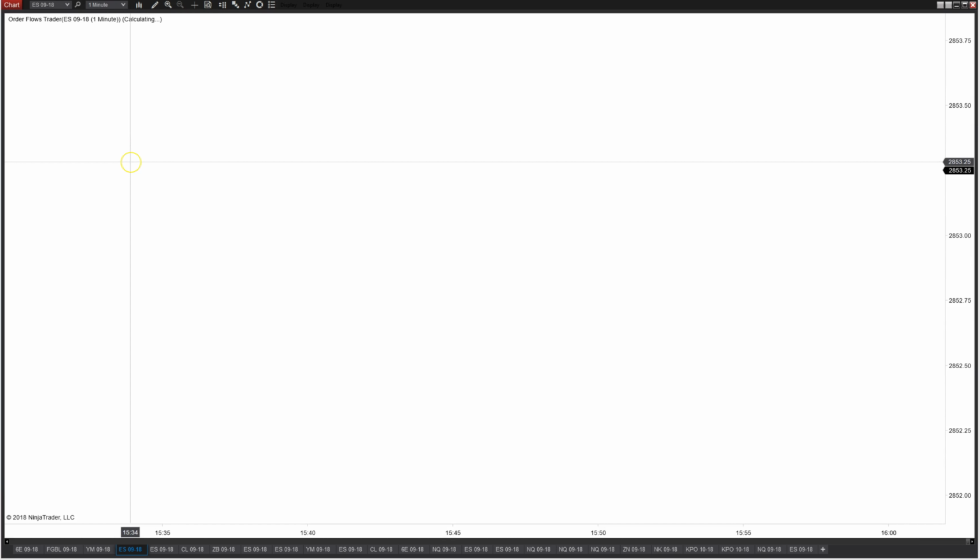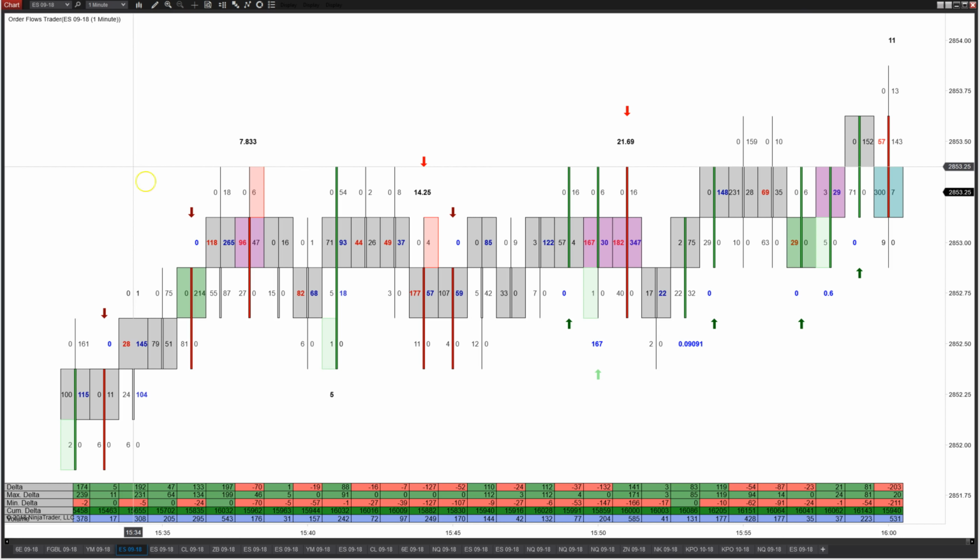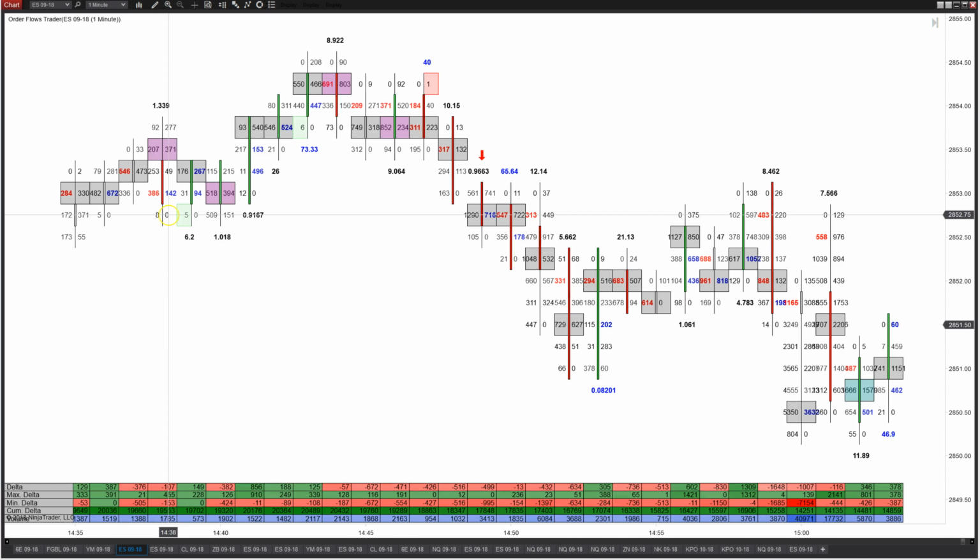Don't say, well, Mike says this, so it's got to be true. No, of course not. Do your own research. In my own analysis, I said mostly I look at range-based charts, and I think a higher percentage of stacked imbalances don't work on range-based charts relative to minute-based charts.